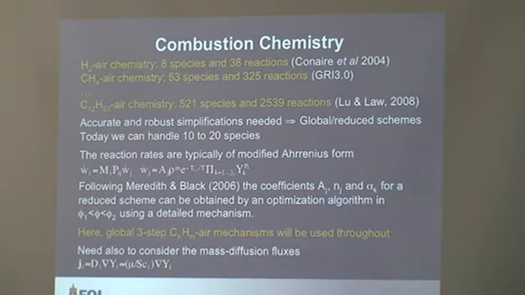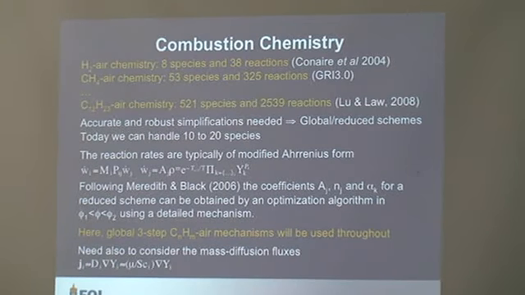For C12H23, which is like kerosene type, you need 500 species and several thousand reactions. No way that you can put this into a 3D unsteady code. So this is really a big challenge. We need to be able to find ways to simplify the chemistry without losing the important information.